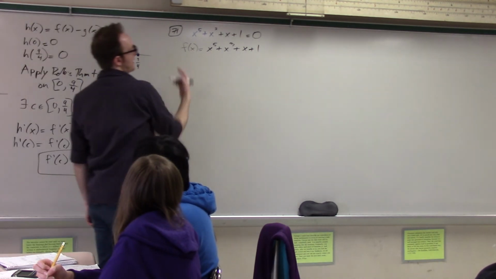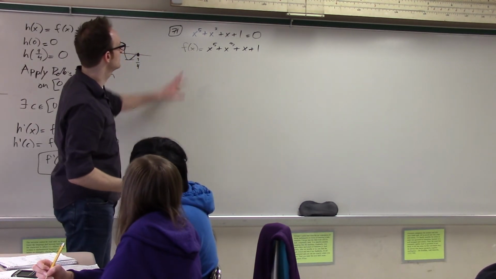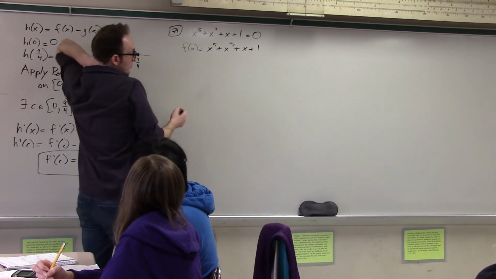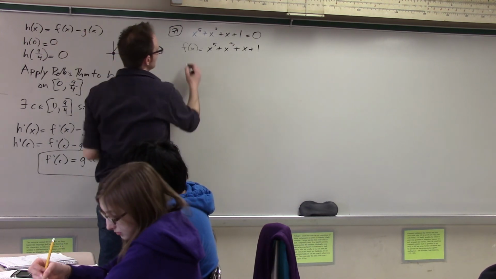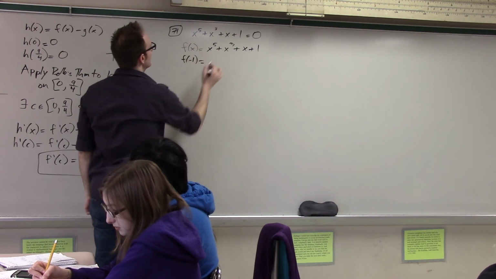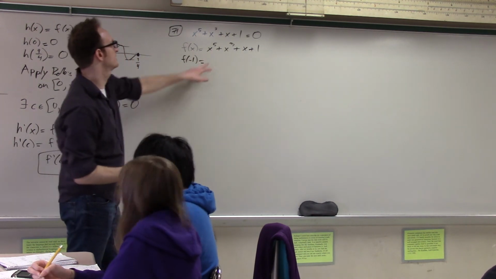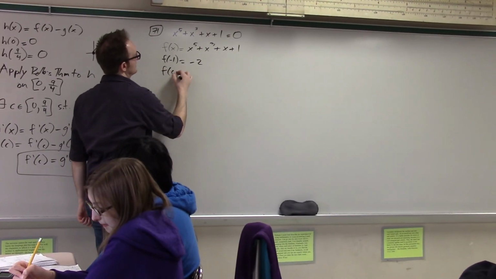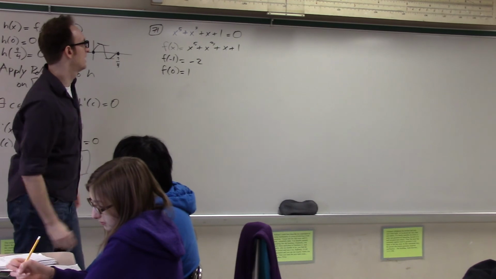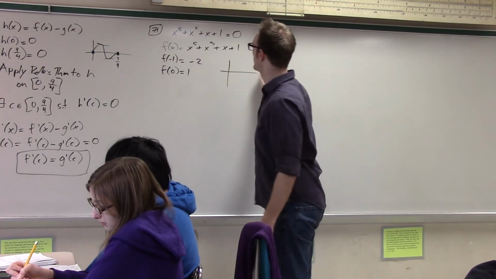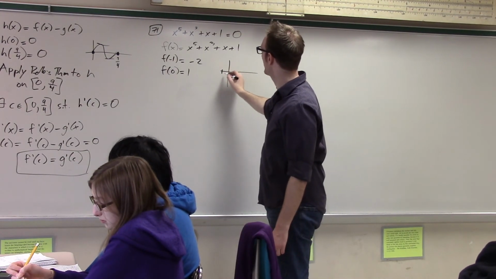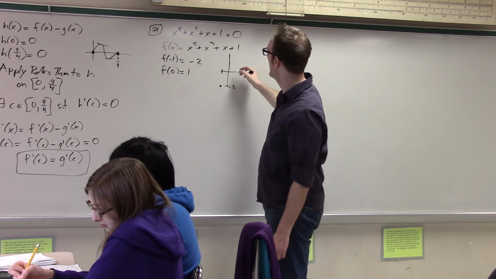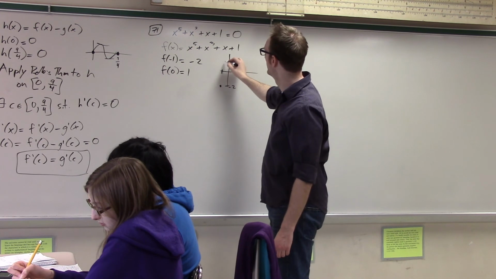So to show that it has a solution, you just mess around with some numbers, like, I think -1 works, right? -1 and 0. So f of -1 is -1, -1, and 1, so it's -2, and f of 0 is 1. And thus at -1 the function is down here at -2, and at 0, it's up here at 1.